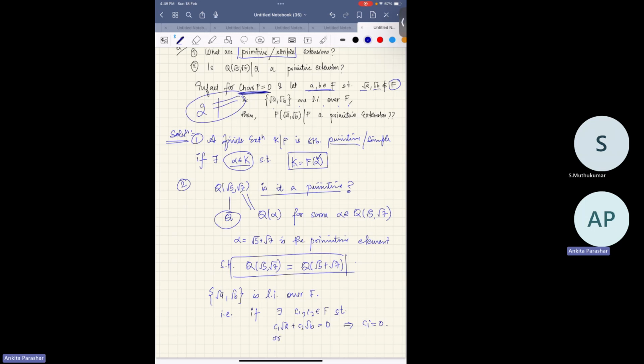Or equivalently, if both Cis are 0, then it's clearly linearly independent. But if one of them is not 0, let's say C1 is non-zero, then you can write C1 root A plus C2 root B is 0 implies root A equals minus C2 by C1 times root B. Do you understand, right?